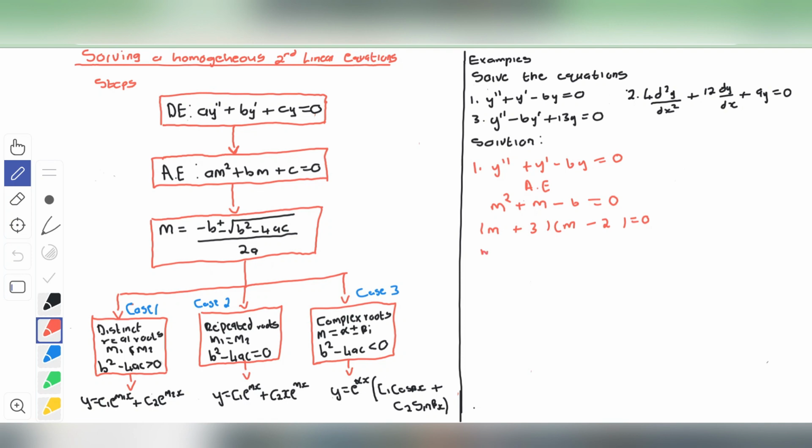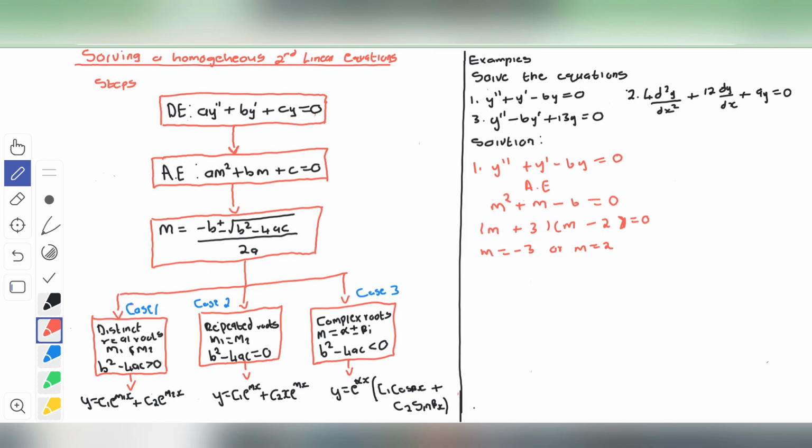Therefore the values of m are negative 3 or m is equal to 2.